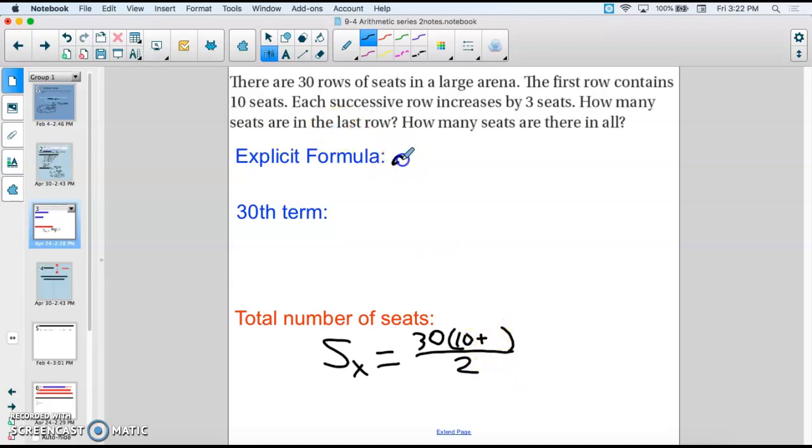Okay, so we're going to make our explicit formula here. Our common difference is 3 because it goes up by 3 seats every row. And then plus, we start out with 10. Okay, and we're going to figure it out for the 30th term. So a sub 30, I'm going to plug in 30 minus 1 is 29.